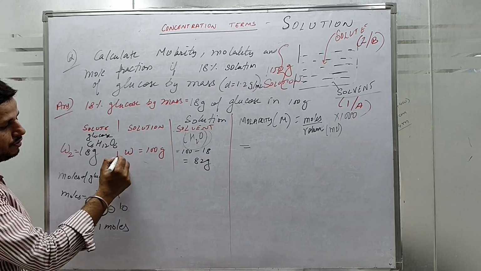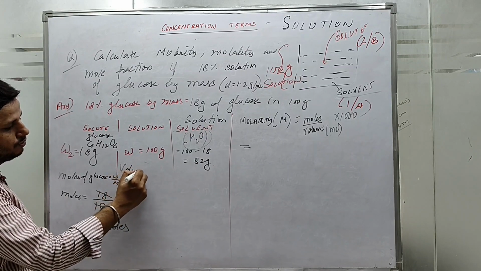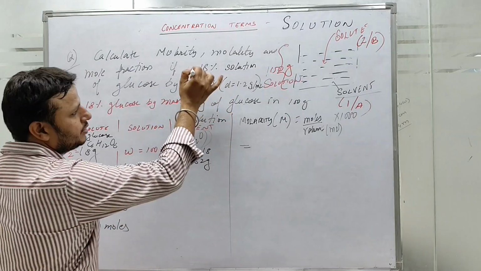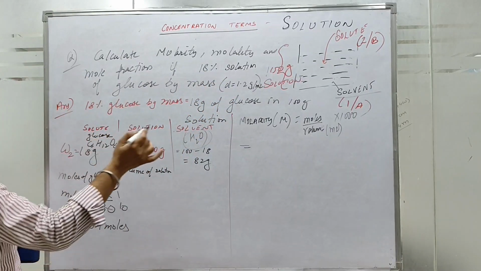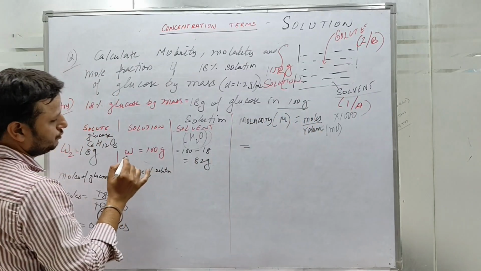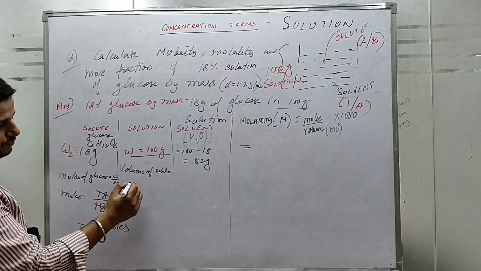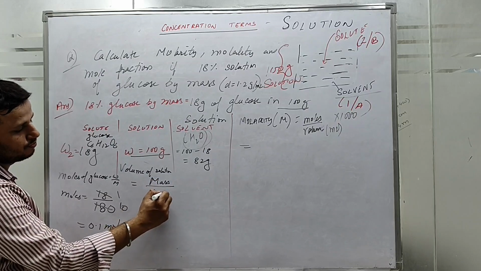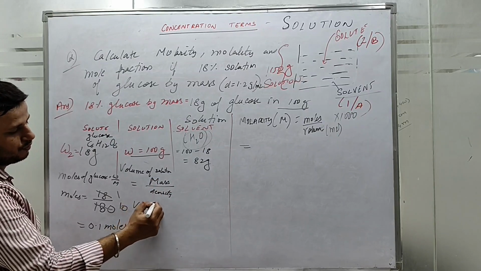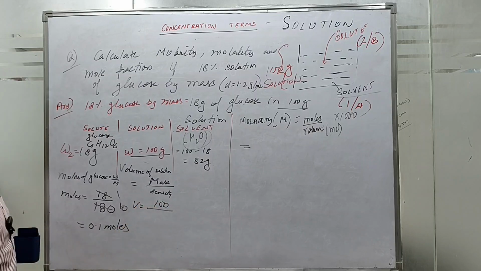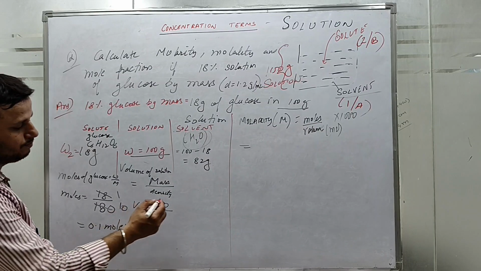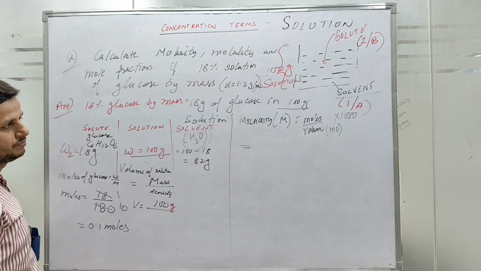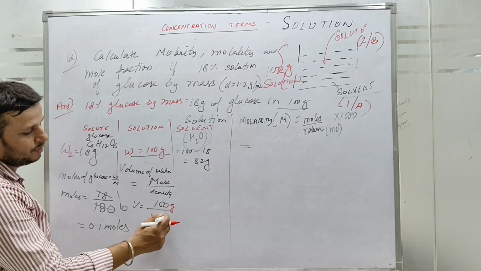And the second important thing is we need volume of solution. But we are given 100 gram solution, which means mass of solution. So that is why density is given in the question: volume is equal to mass over density. So volume is equal to mass of solution, 100, divided by density, 1.2 gram.